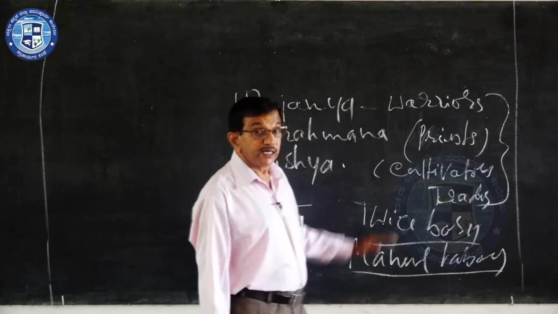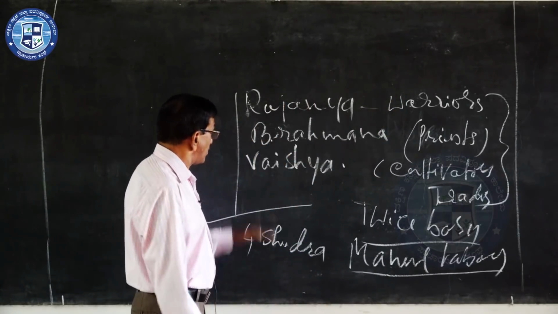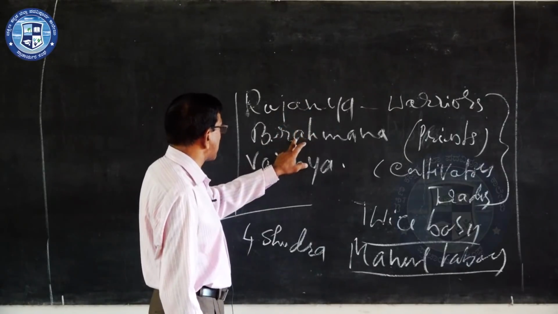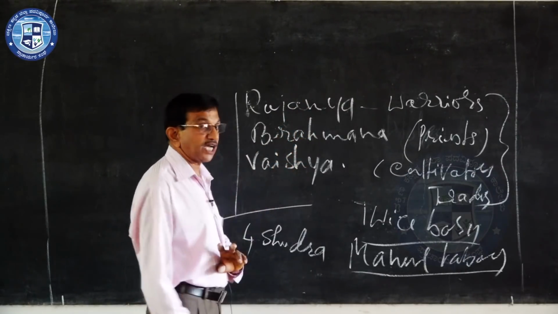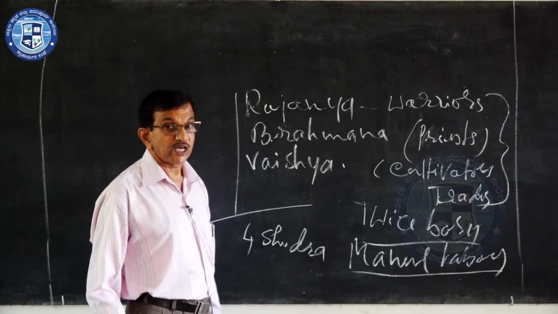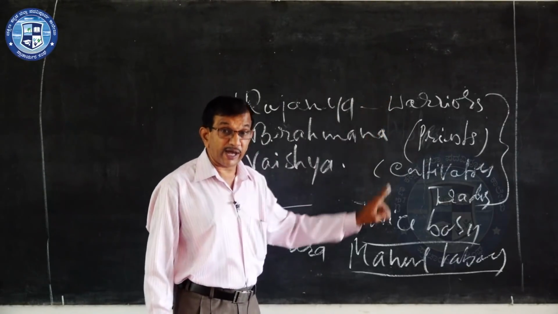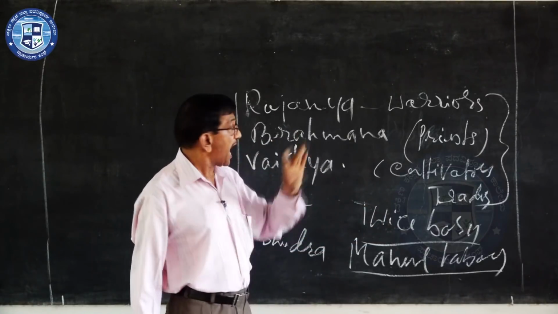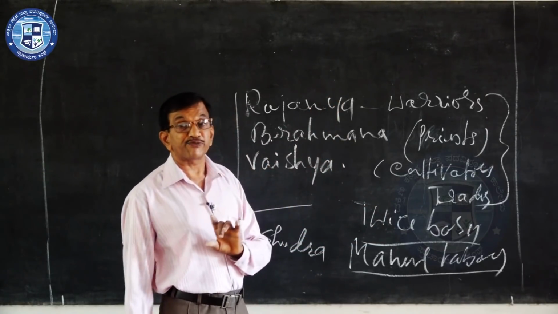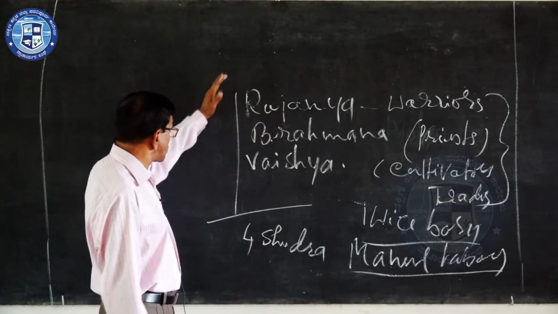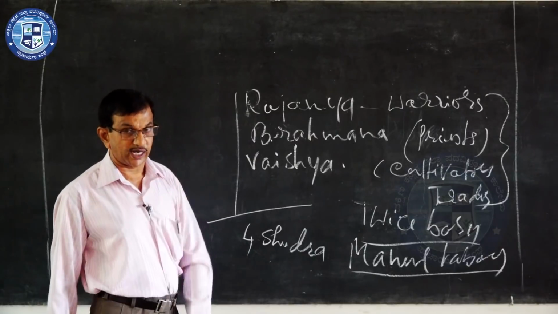So these four varnas existed, and the first three varnas, called Rajanya, Brahmana, Vaishya, were called Trivarnas or Trivargas, and all three existed from Aryans. And when the fourth joined, it was together called the Chaturvarna system.